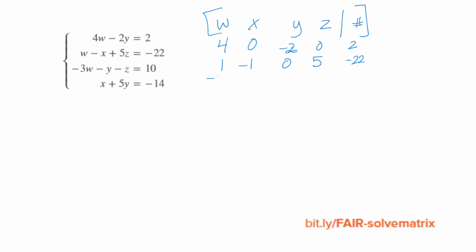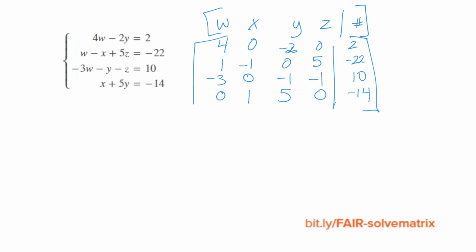The third one is a 0, since there is no w term, then a -1, then a -1, and then a 10. And row 4 does not have a W. It does have an X. It has a Y. Does not have a Z. Has the constant. This right here is the augmented matrix.